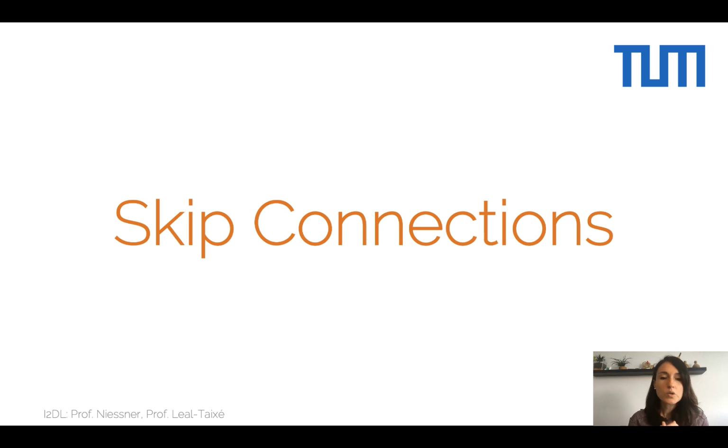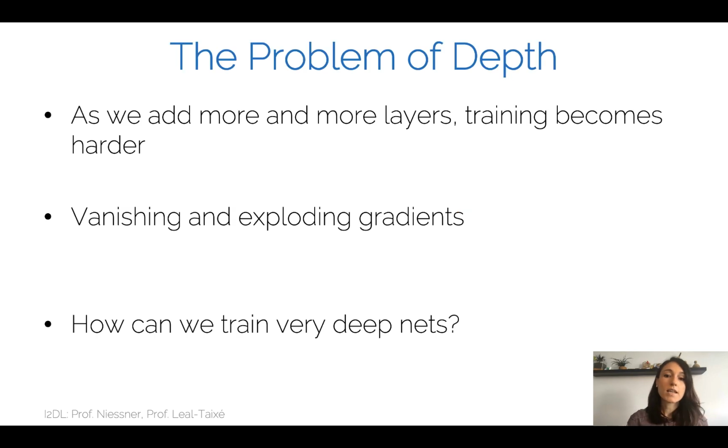Good, so now we're switching to a very interesting concept in convolutional neural networks, and this is the concept of skip connections. So we have a problem actually if we want to keep adding more and more convolution layers. And that is the classic problem of depth, where training is starting to become harder.